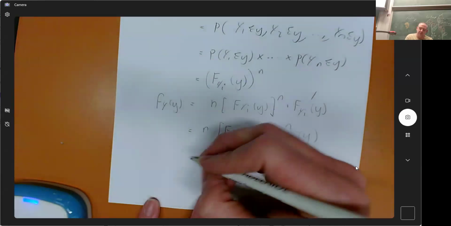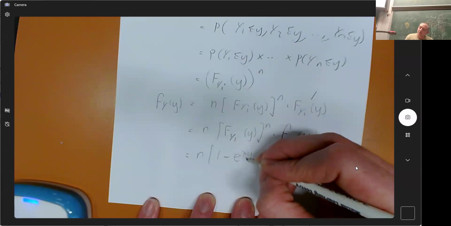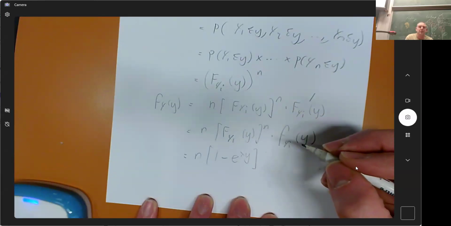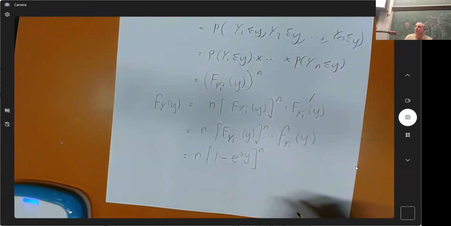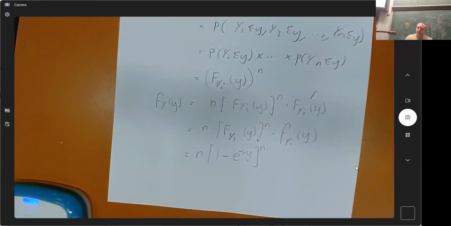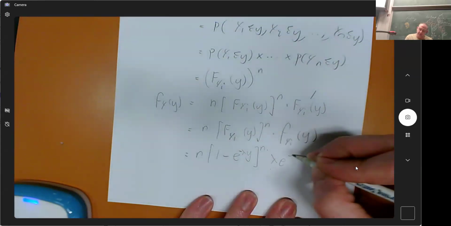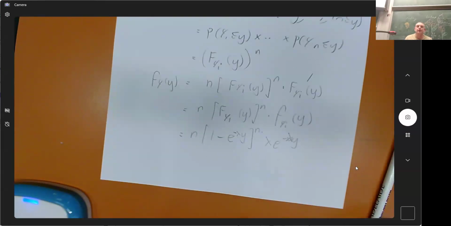Because then the CDF is 1 minus e to the minus lambda y, I believe, for the exponential. Pretty sure. Yep, that's right. And then this is lambda e to the minus lambda y.